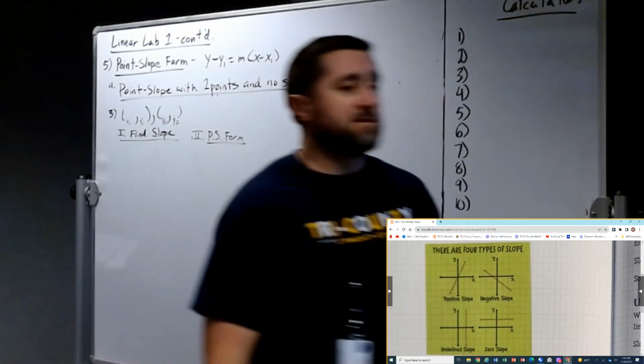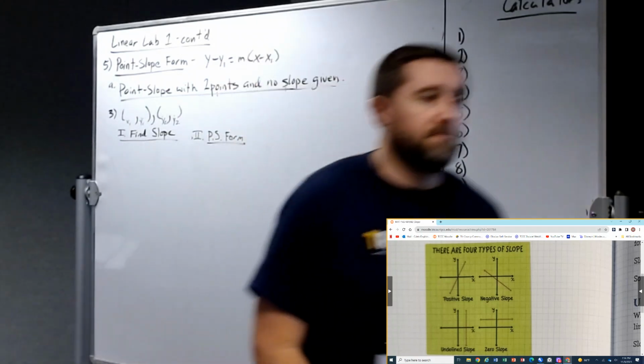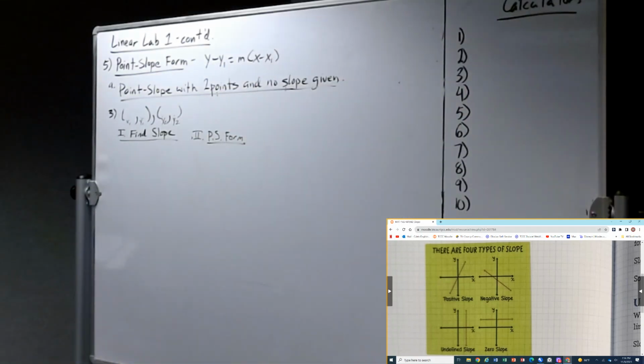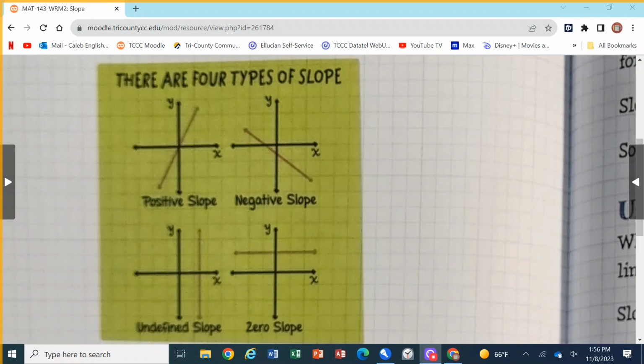Now, one thing that we haven't really talked about much: 4 types of slope. Let me get this on the big screen for the video. You have a positive slope, going up to the right. We have a negative slope, going down to the right. Positive and negative for slope is the same as positive and negative for a scatter plot.